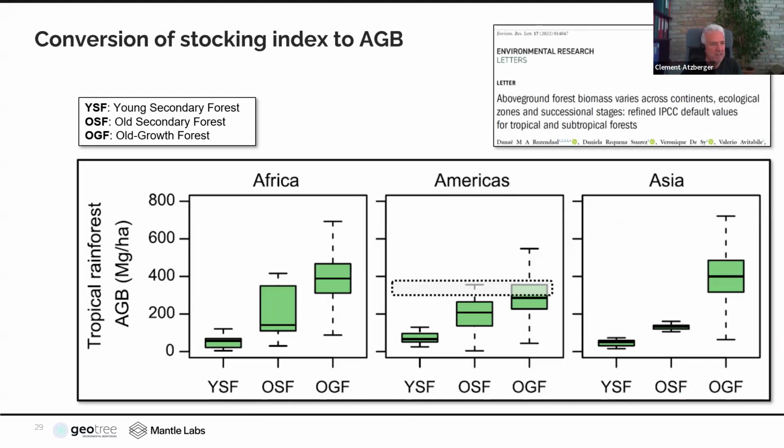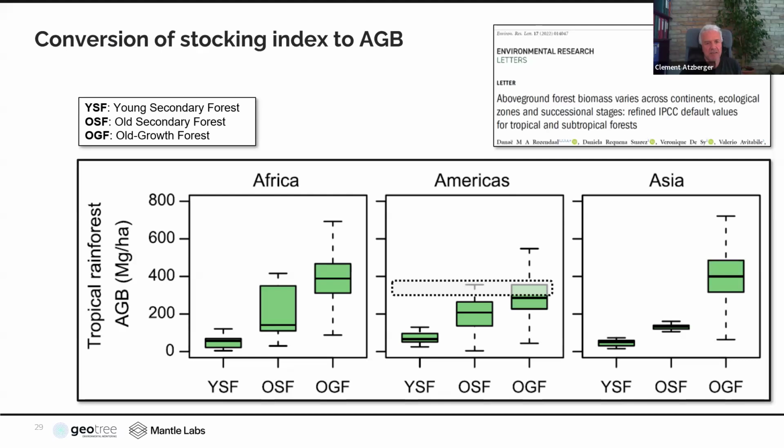So coming back to David's question, that was all this relative height. Now to convert this into above ground biomass, we have essentially two solutions. One would be to use a few on-field measurements. The other, and this is what we followed, is to assume what is a typical above ground biomass of an old forest in the neotropics.